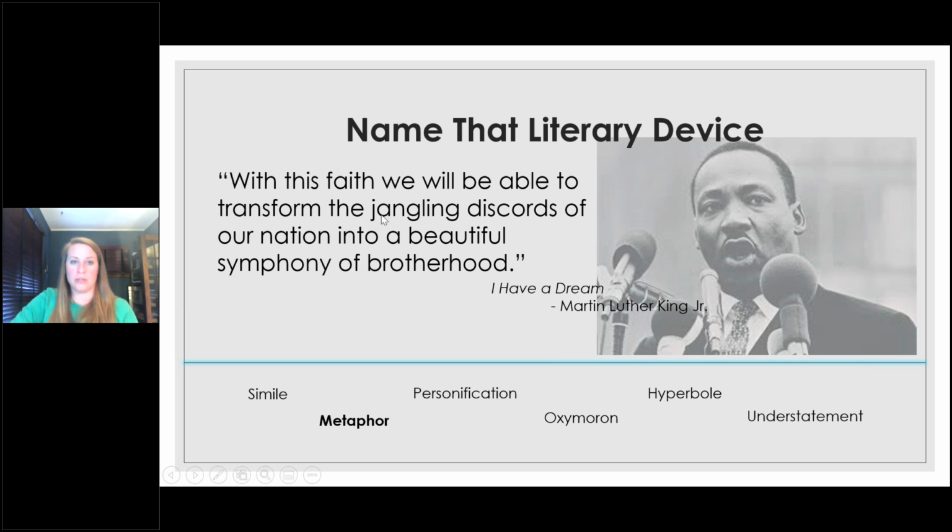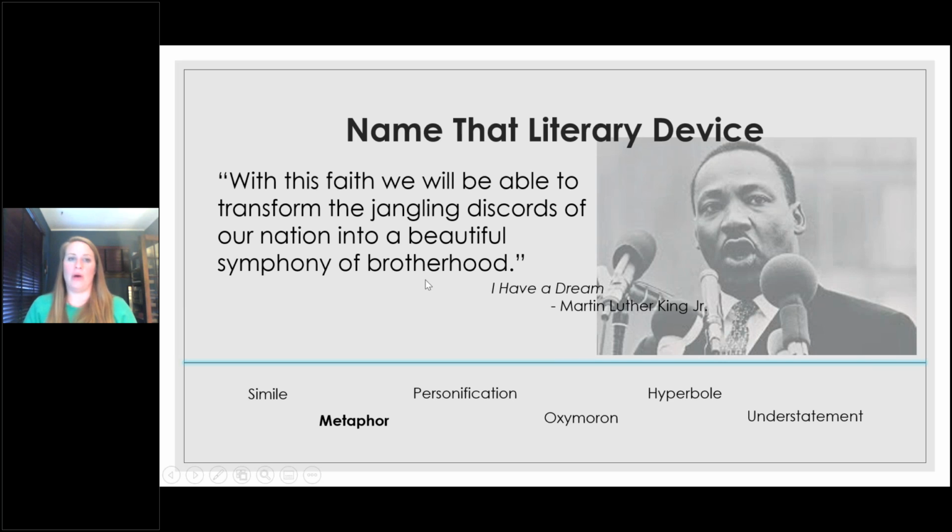We are comparing jangling discords. Discords typically means not a good sound, jangling. So we have this idea of a not so great sound, but a symphony is a bunch of instruments playing together in harmony. It's beautiful. So we're comparing jangling discords to symphony of brotherhood.